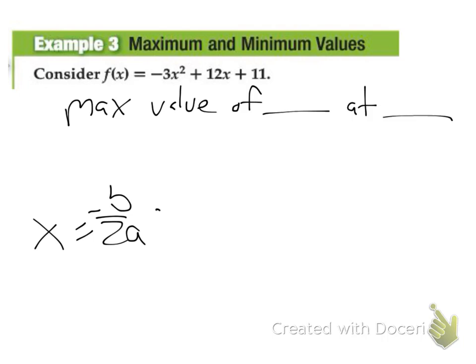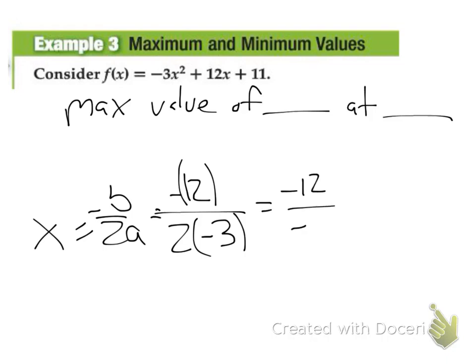What is b? It's 12. So it's opposite of 12 over 2 times negative 6. He's working ahead. So opposite of 12 is negative 12 over the negative 6, which is 2. So guess what? It's at 2. So now I just take my function and evaluate the function for 2. Function notation.